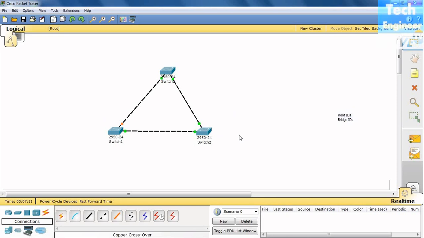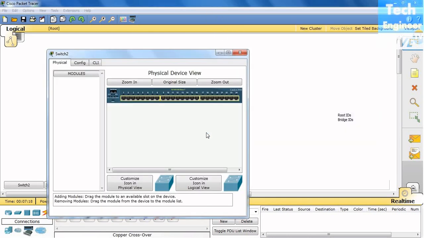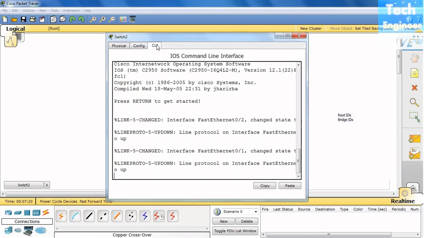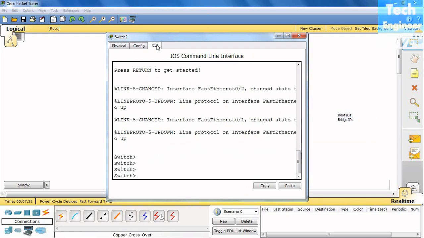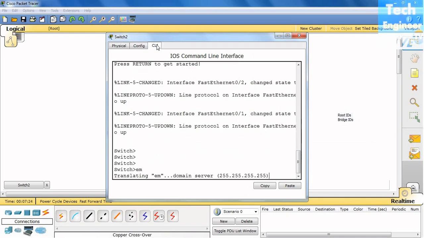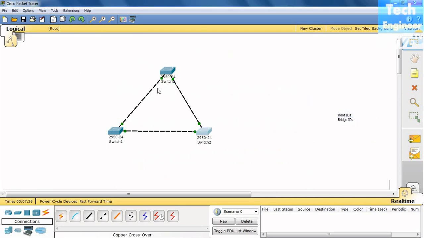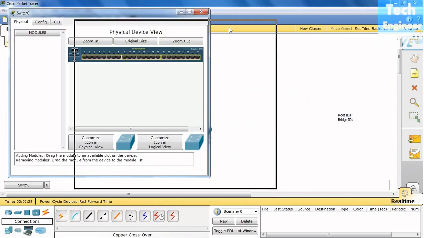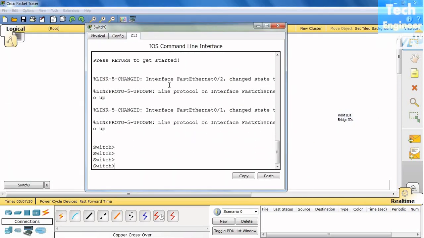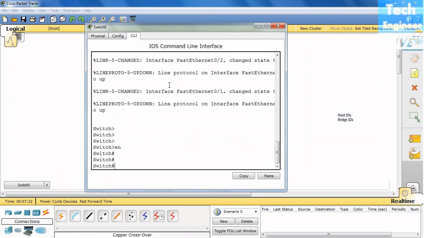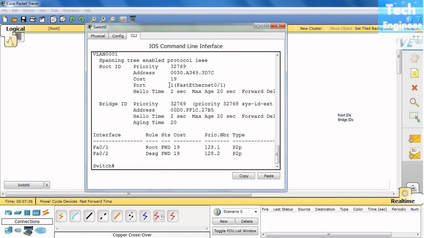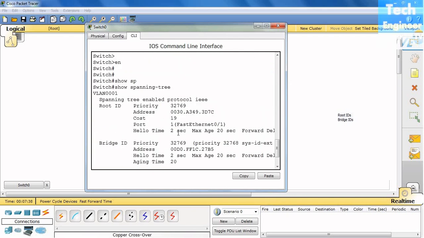You can find the extended system, for example, let me show you more about it. When you run show spanning-tree, you find that the VLAN we consider is VLAN 1.